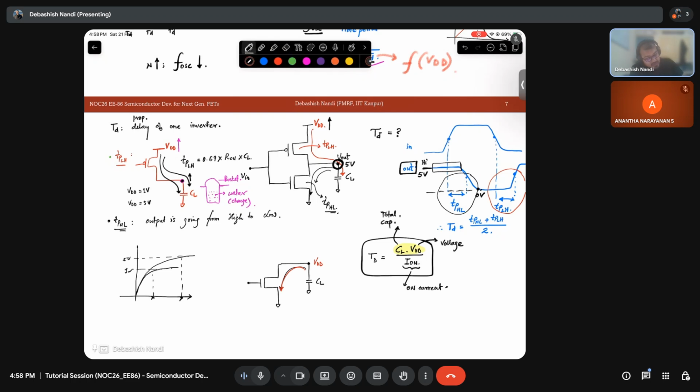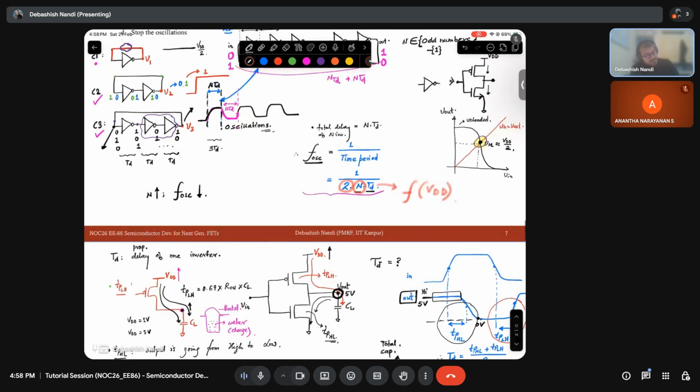So if you increase your VDD, your TD will increase. If TD increases, F oscillation will decrease. So VDD increases, TD increases, and F oscillation of the ring oscillator decreases.